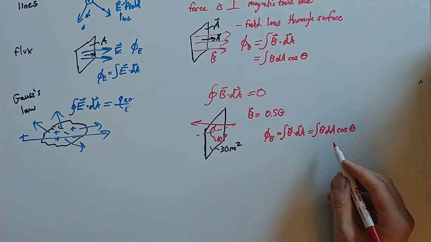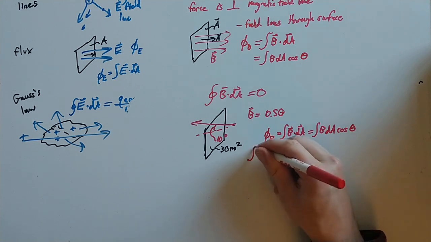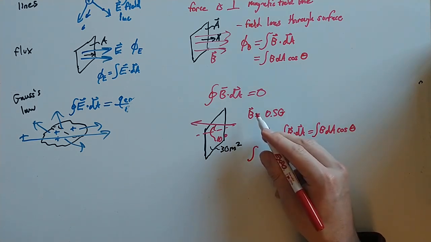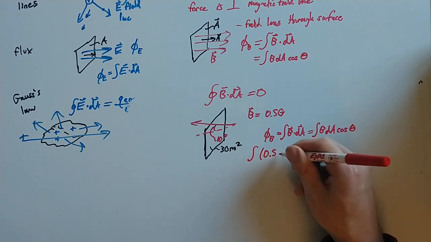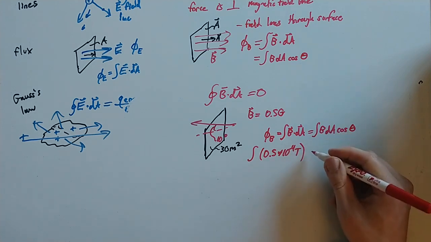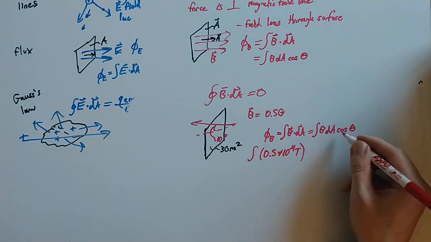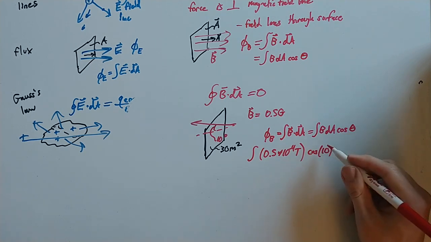Well, the angle between them here, let's plug in some values, all right? So we have the integral of B. B is half a Gauss, so if we put that in Tesla, that's 0.5 times 10 to the minus 4 Tesla, all right? And then we have cosine of 10 degrees. Cosine of 10 degrees, that's just a number.